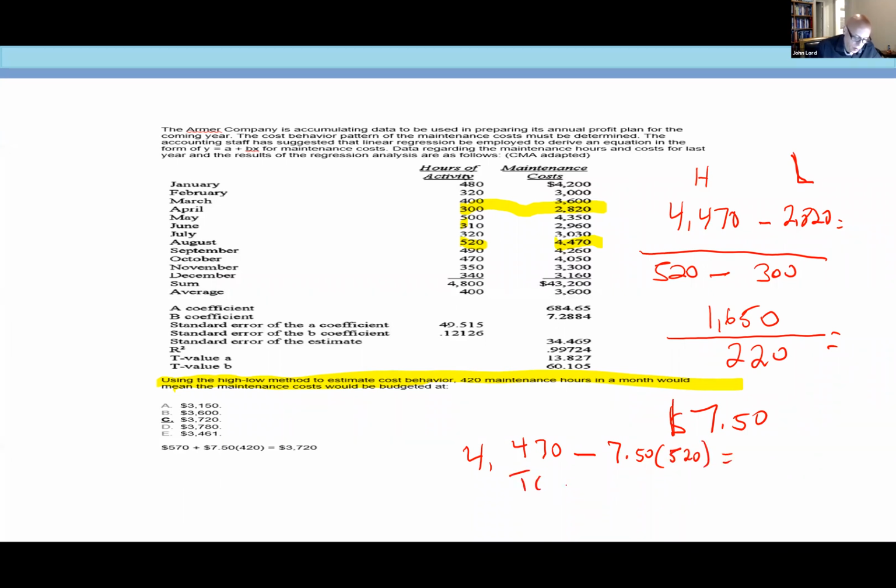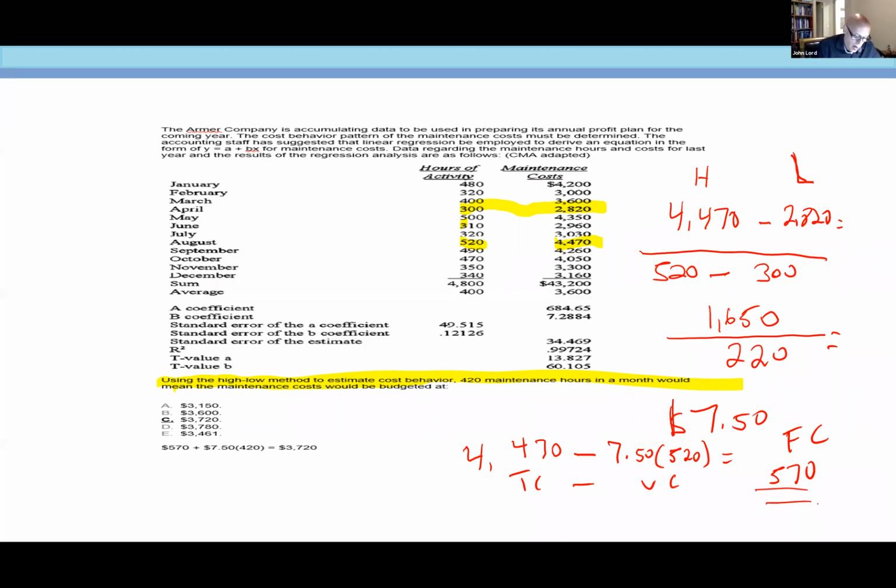And so total cost minus variable cost gives me fixed cost. Fixed cost ends up being what, 570? Anybody got a verification on that? Yeah, it's 570. Okay, good.